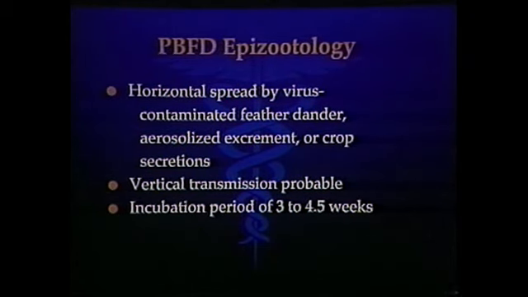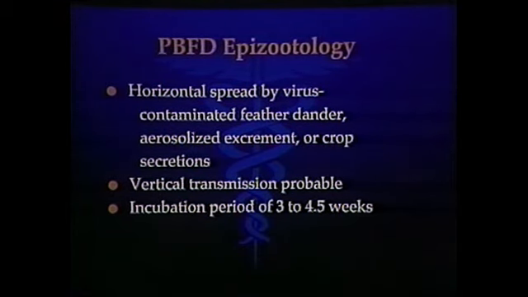Contaminated feces, when it dries, may become aerosolized and a source of infection. Psittacine birds usually feed their young by crop regurgitation, and these secretions can also transmit virus to neonates. Vertical transmission is also possible because viral inclusions have been seen in germinal epithelium. They've been seen both in sections of ovary and testis.